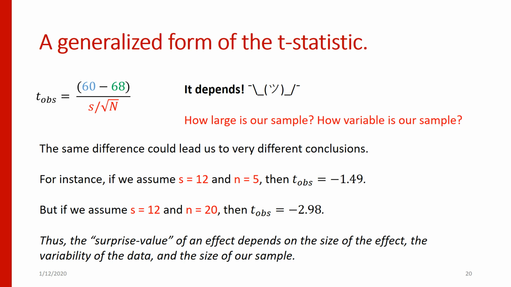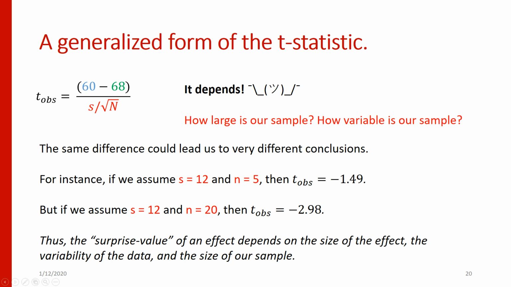And the factors that then affect that t observed value are the numerator, which tells us the size of our effect, right? How different what we observe is from what was hypothesized, relative to the standard error. How much do we really expect means to vary from sample to sample? And that standard error is calculated based on the standard deviation of the data and the size of the sample.